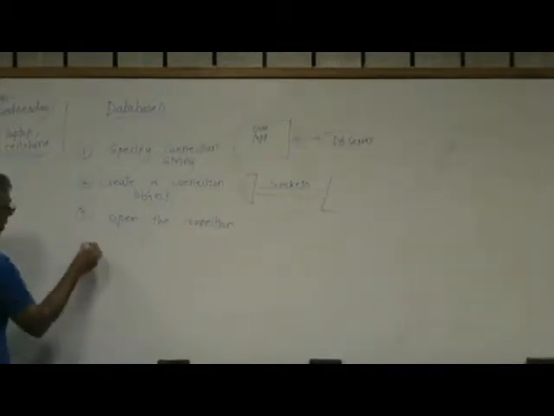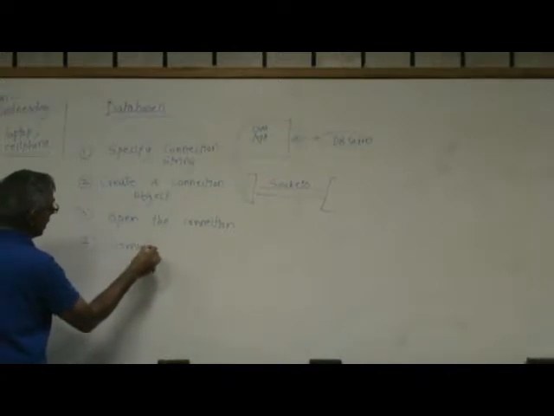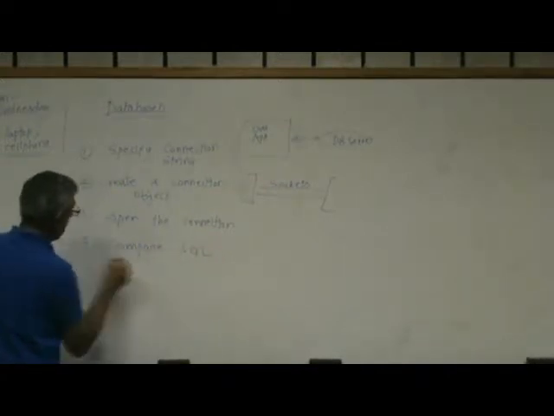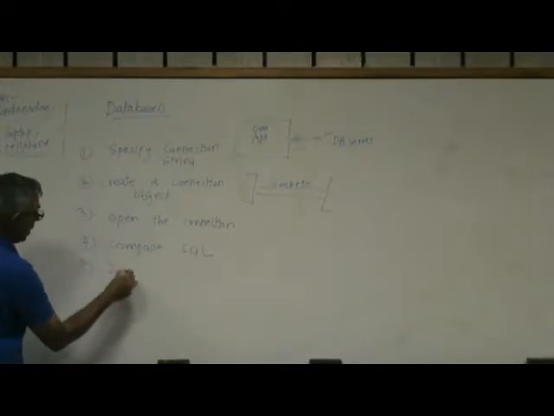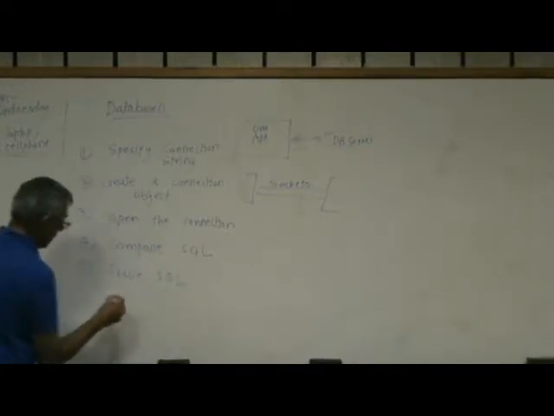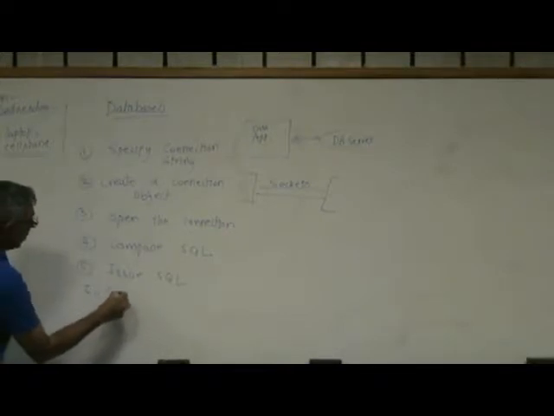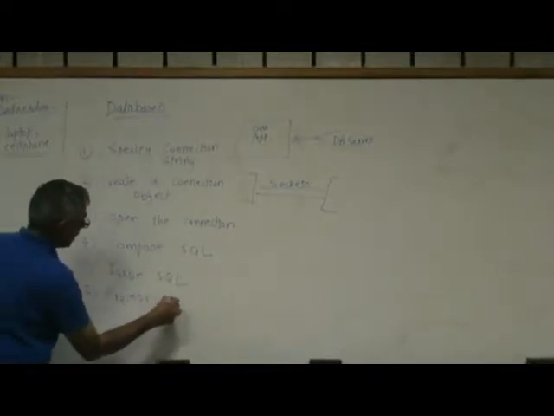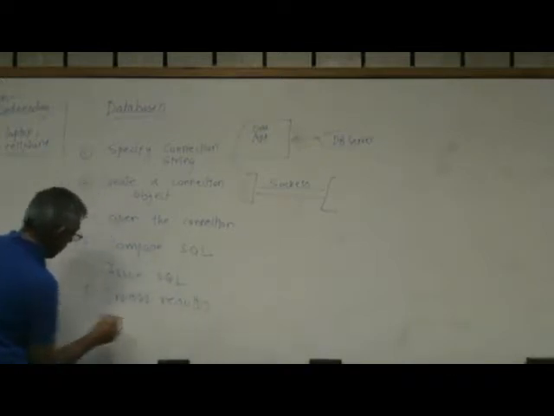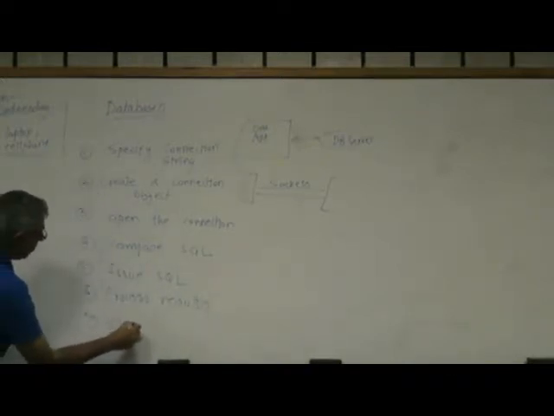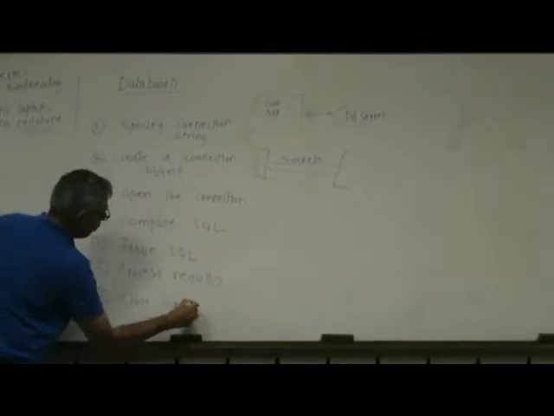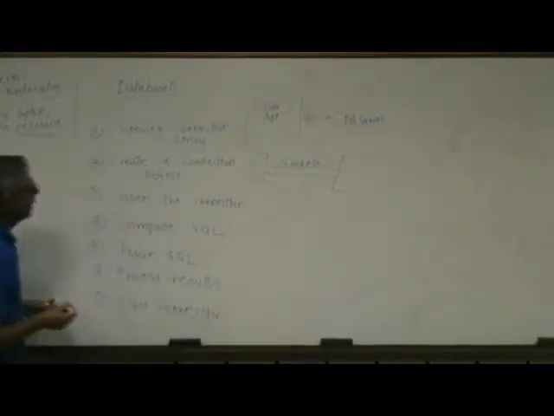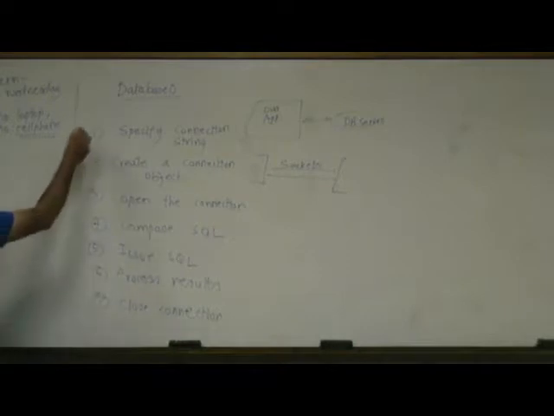Number 4, compose SQL. Number 5, issue SQL. Number 6, process results. And number 7, close the connection. No matter what database you are dealing with, once you're writing the code, typically these are the steps we go through. What's the purpose of the connection string?